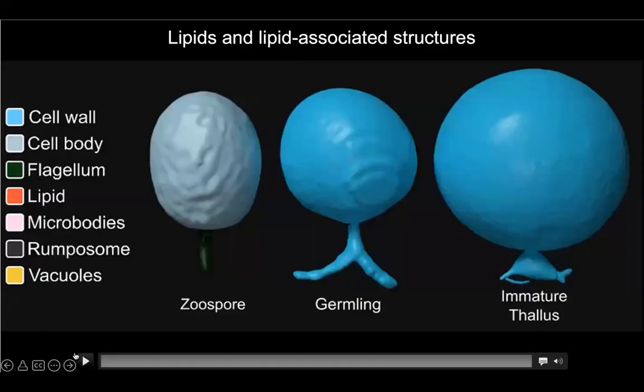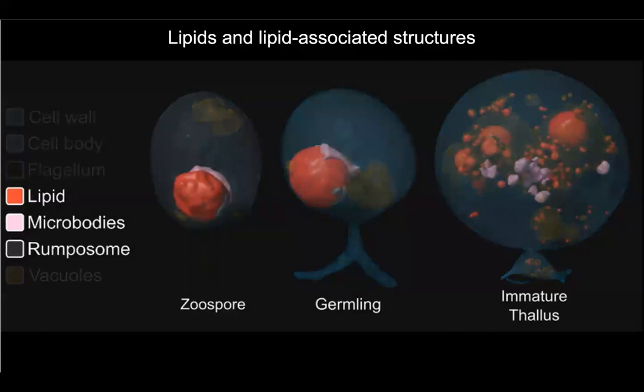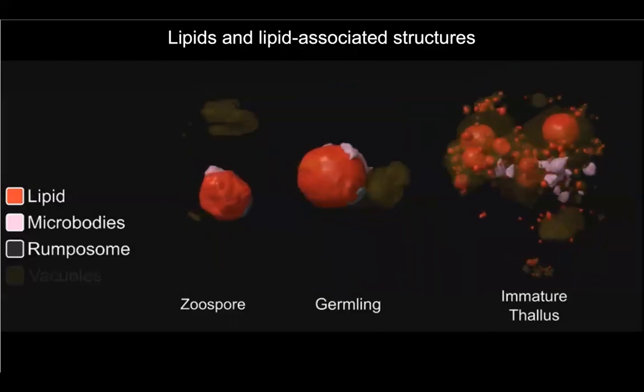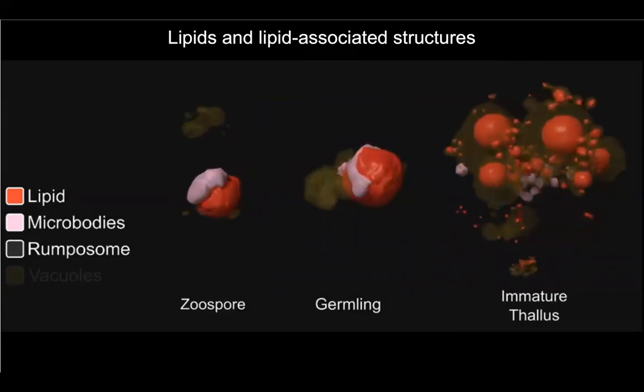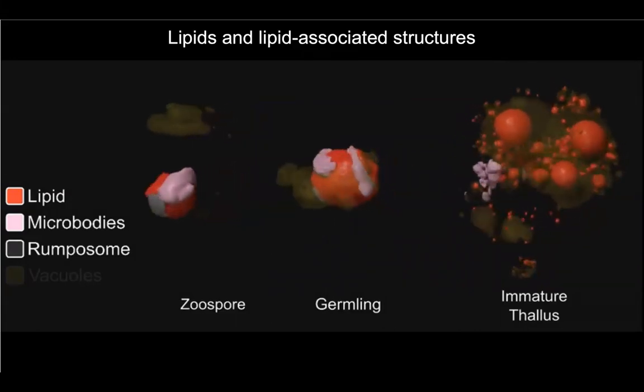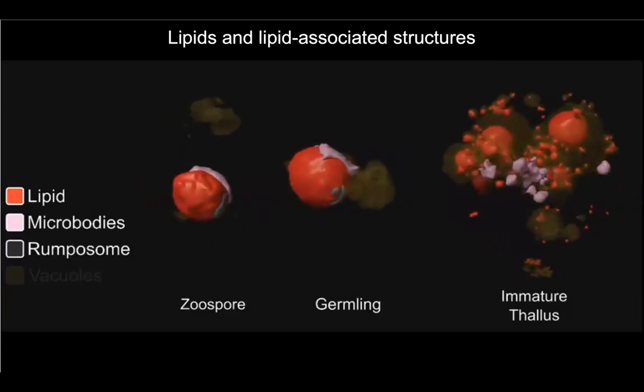Another characteristic feature of chytrids that we all know about are lipids. Lipids are really important in terms of how they function, but also the microloop, which we also talked about. And when we compare the different lipid structures in the different cell stages, so lipids in the zoospore, lipids in the germling, lipids in the thallus, they're really quite fundamentally different to each other.